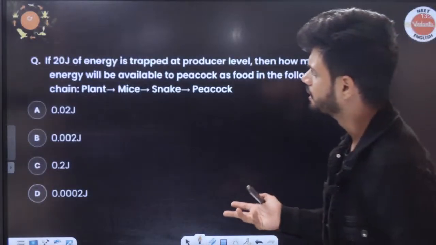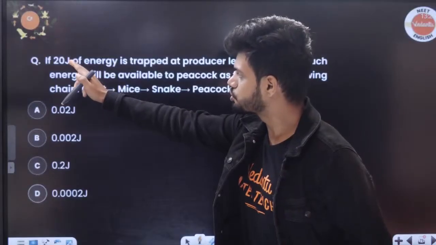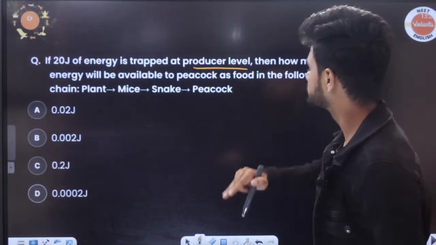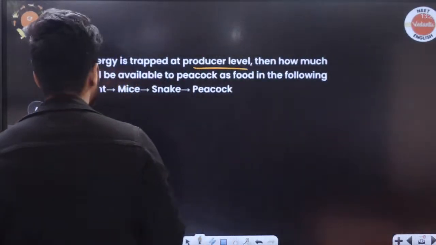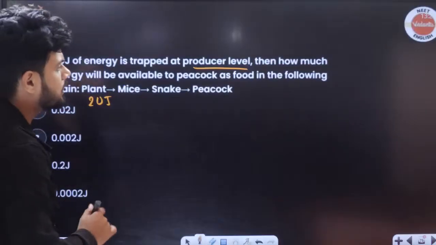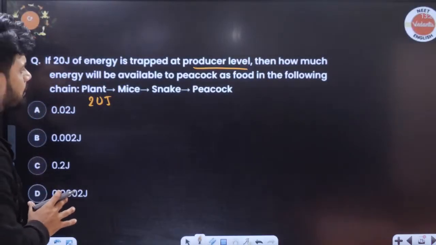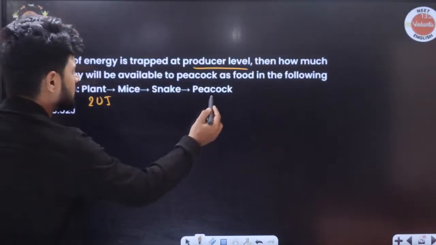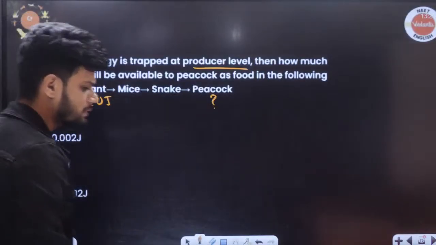See this question again. If 20 joules of energy is trapped at the producer level, then how much energy will be available to the peacock as food in the following food chain? How much energy is sent to the peacock? 10%. Why don't you tell me the answer quickly?